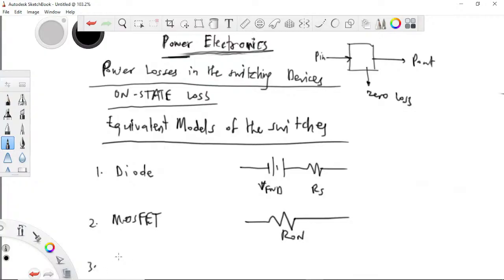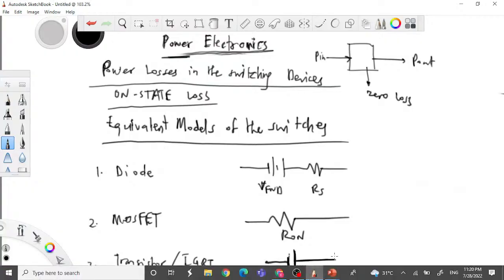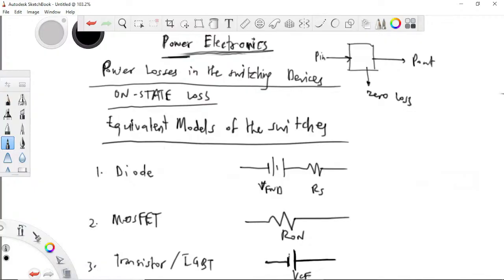And then a transistor or IGBT is modeled as a voltage source. Let me call it VCE.